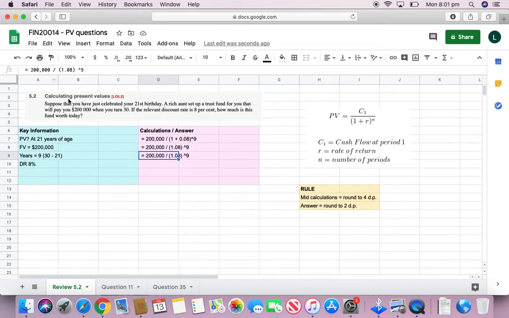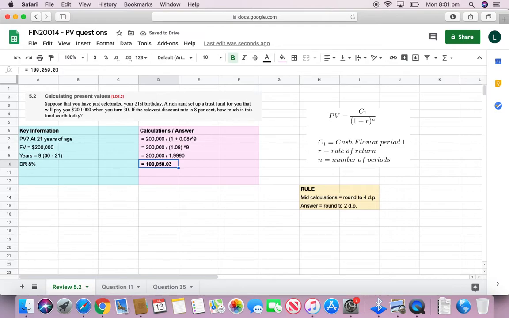Everyone get their calculators out and pop that in. Remember, we're going to 4 decimal places, so the answer is 1.9990. There we go, we've got 200,000 over 1.9990. What's our answer? It is $100,050.03. That is our answer right there.